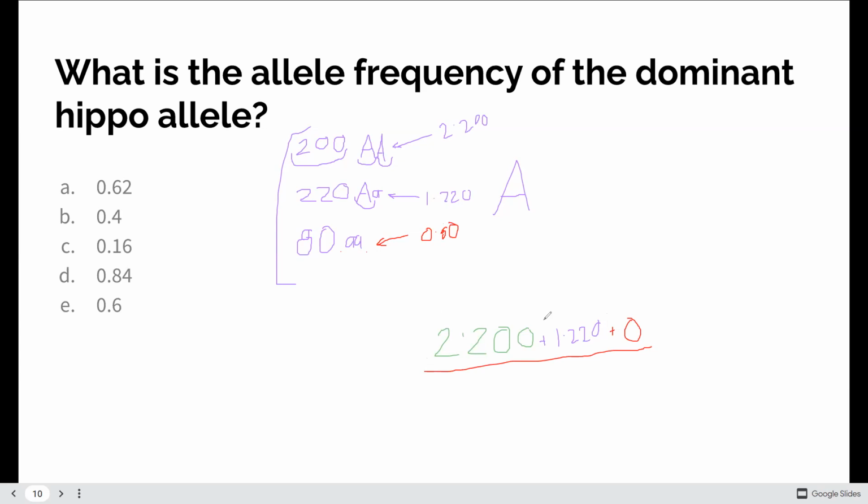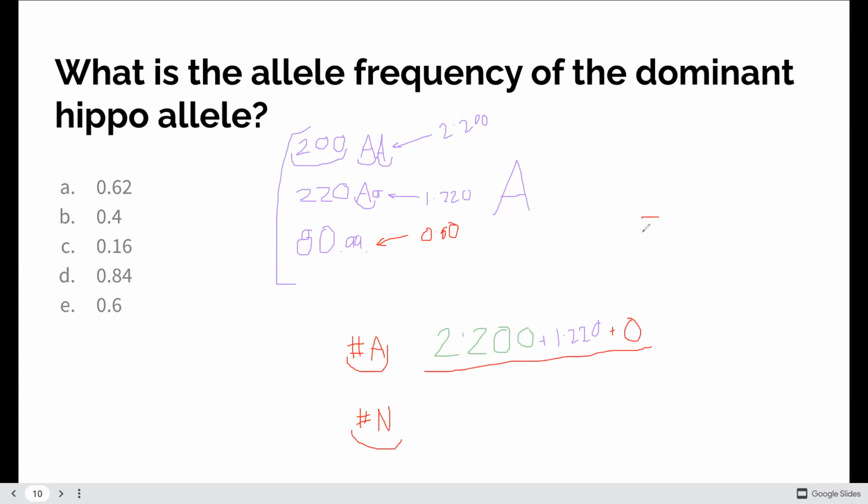How can we translate this into a frequency? Usman got it. The frequency of an allele is the number of alleles divided by the total number of alleles in the population. So the frequency that we're looking for is the number of alleles that we're looking for divided by the total number of alleles that exist in the population.